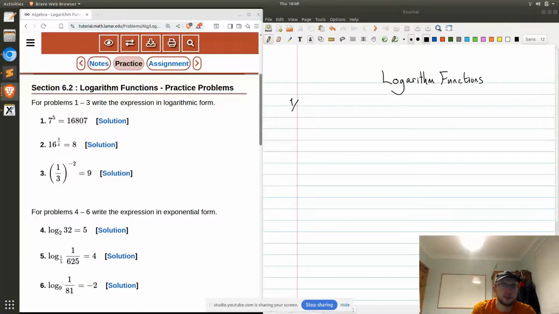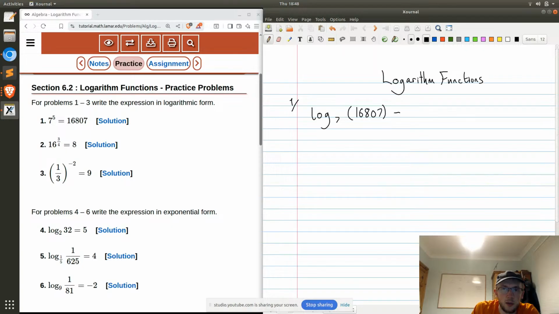Okay, so it says 7 to the 5 is 16,807. Express it in logarithmic form. Okay, log base 7 of 16,807 equals 5.